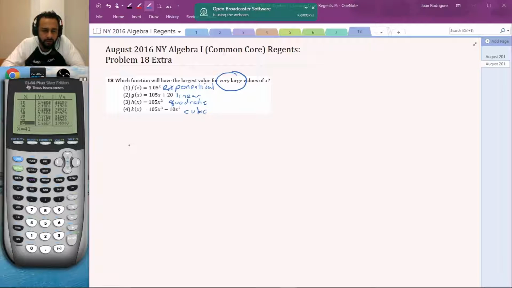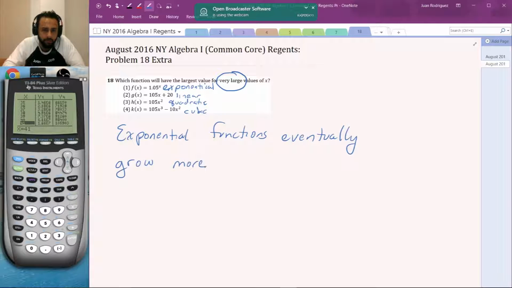And this is the statement that you need to know, that exponential functions eventually grow more quickly than any polynomial.